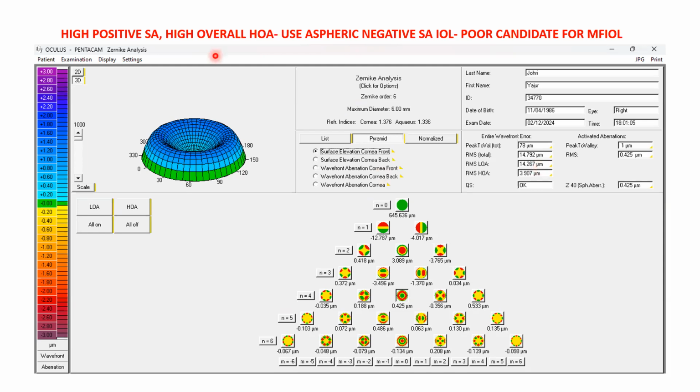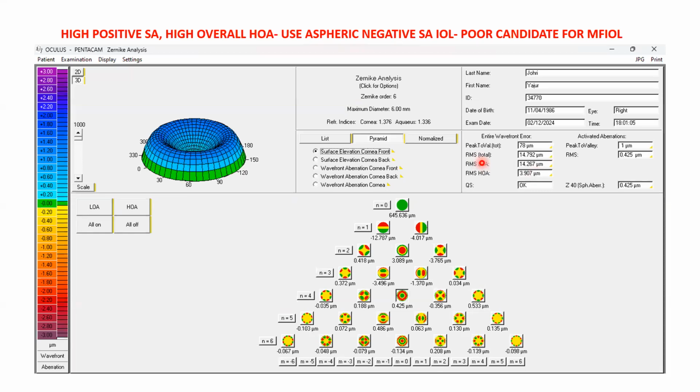So in this example, recently we saw a patient who was a long time follow-up patient who had undergone CXL twice and is a known case of keratoconus. In that patient, we saw that the total RMS, the root mean square aberration, which measures the aberration, is around 14, which is very, very high.